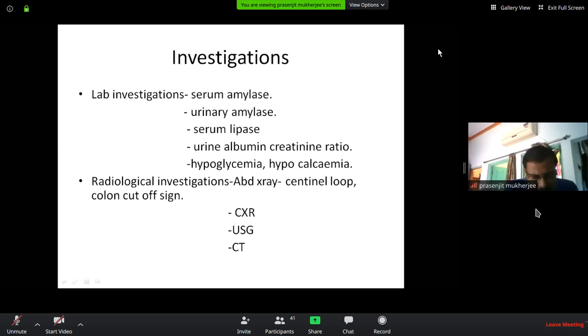What is sentinel loop of intestine? Sentinel loop is a loop of jejunum as well as transverse colon, a conglomerated loop of bowel. That means a black shadow found in the upper abdomen. This is called sentinel loop. This is due to localized hypoperistalsis.